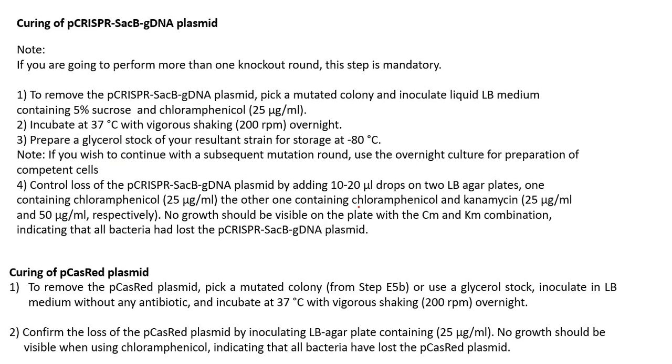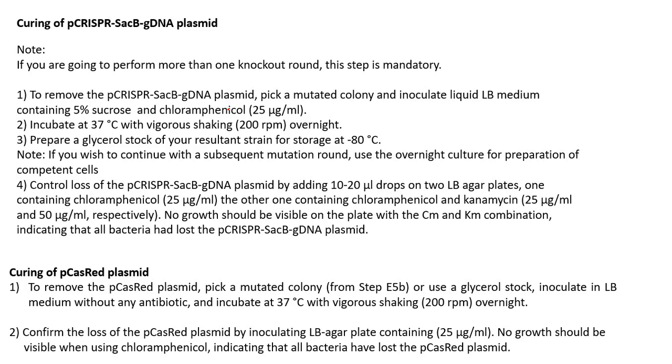You will not get any growth if you add it, because it has the kanamycin resistance gene. And if you are adding the chloramphenicol, the sucrose will be converted into the toxic product, and since the plasmid does not have any resistance gene for the chloramphenicol, they will not grow. In this way you can get a colony that does not have any pCRISPR SacB.